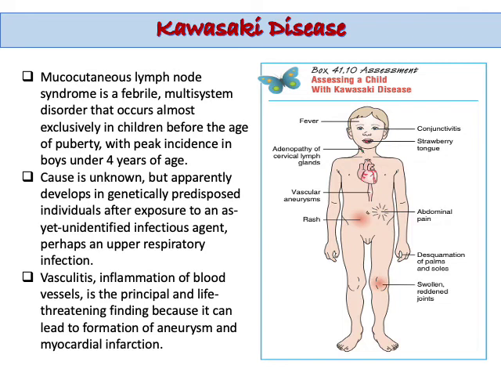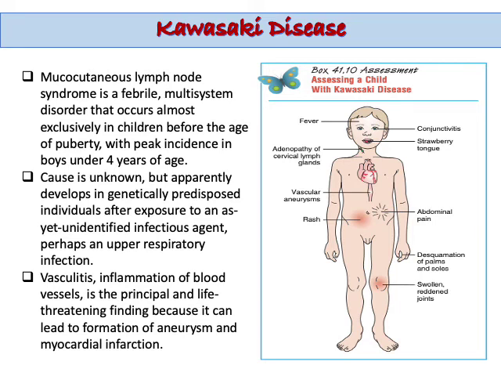Cause is generally unknown, but apparently it develops in genetically predisposed children after exposure to perhaps an upper respiratory tract infection. After URTI, there is an altered immune function. This increases antibody production, which creates circulating immune antibody-antigen complexes causing inflammation.